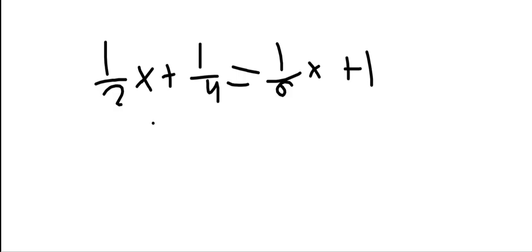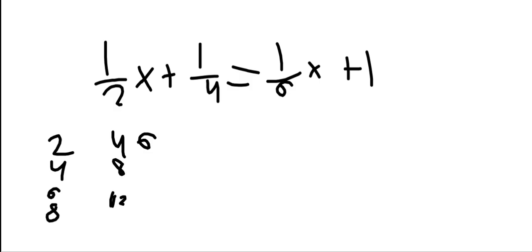So my proposal is to use the least common multiple. When we look at these three numbers, 2, 4, and 6, my suggestion is to write them all out and add them all by themselves to see their least common multiple.